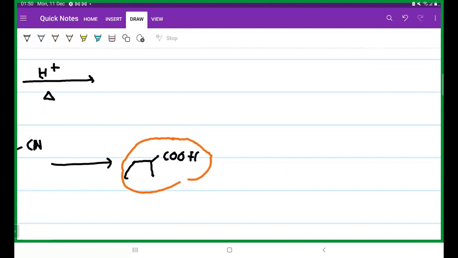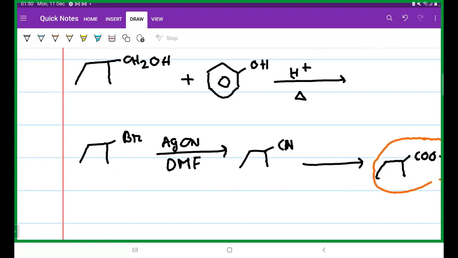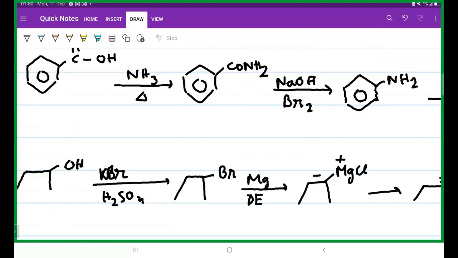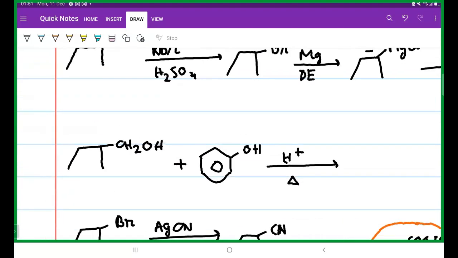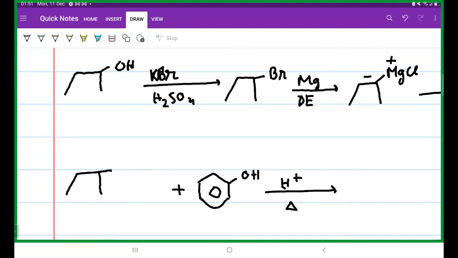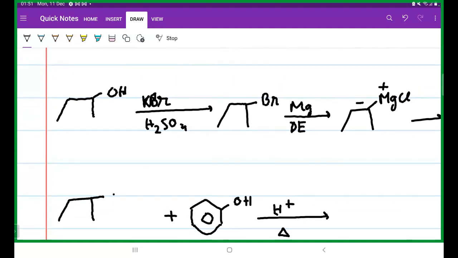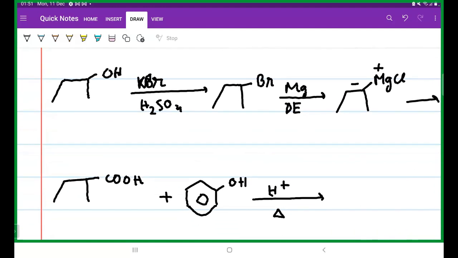Now, will this carboxylic acid react with phenol? Yes, it will. This is your very typical esterification reaction, right?